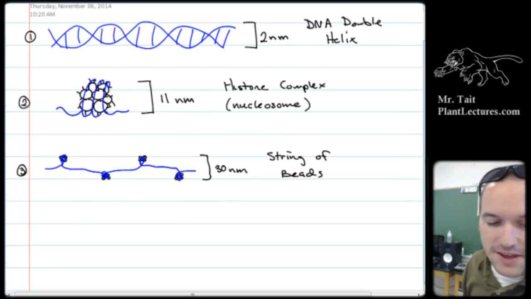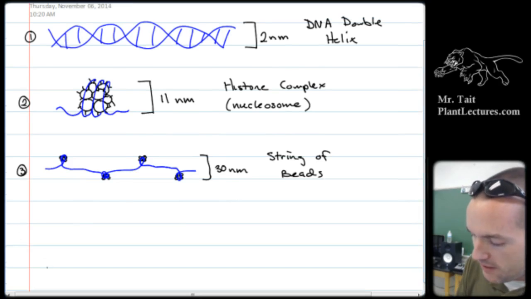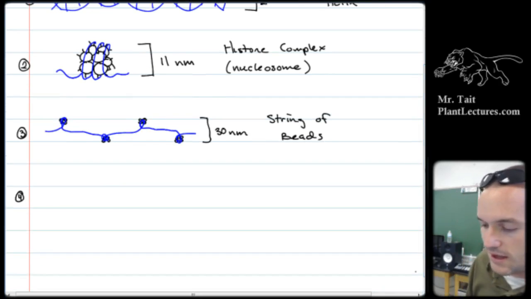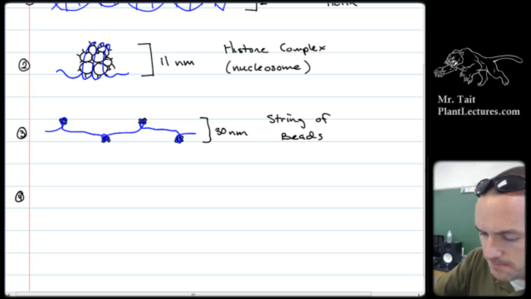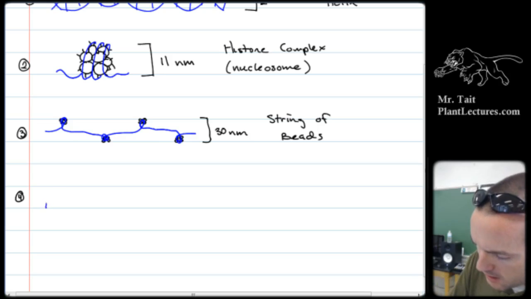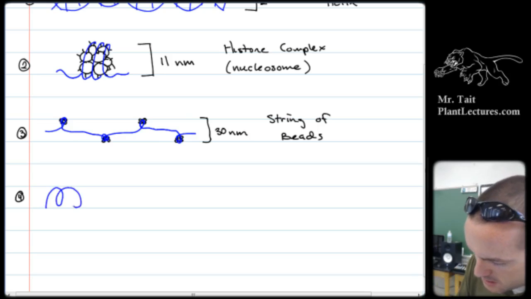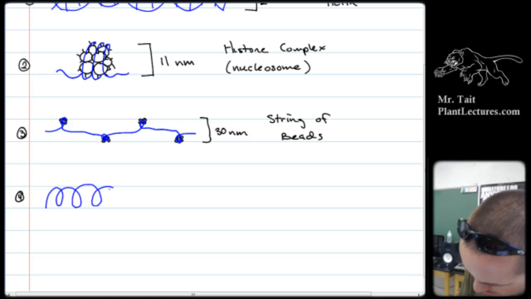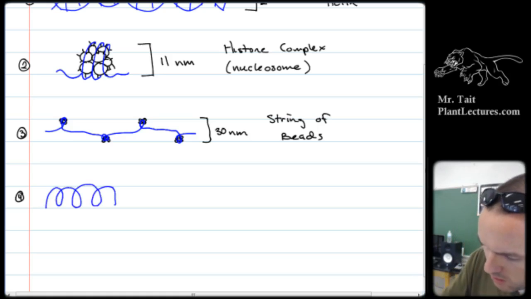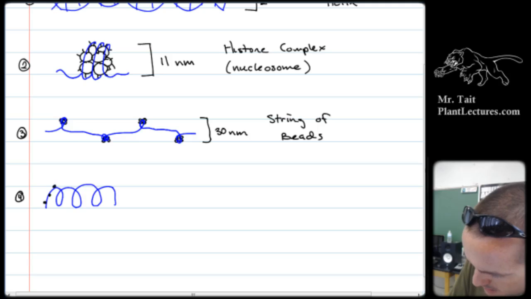Okay? Then they take this string of beads and they coil it up. And when I say they, I mean each cell when the cell is trying to condense its chromatin. Right? And so you're going to end up with a coil that looks like this. Okay, and this coil consists of that string of beads. So here's the string of beads, right, on either side.